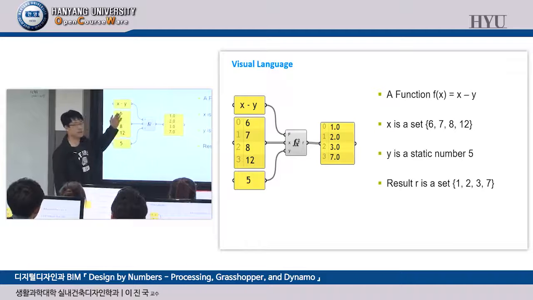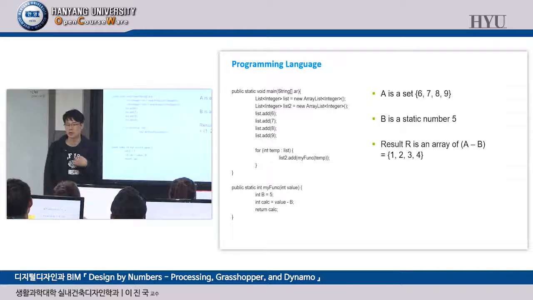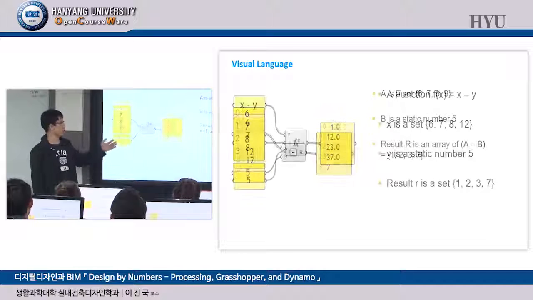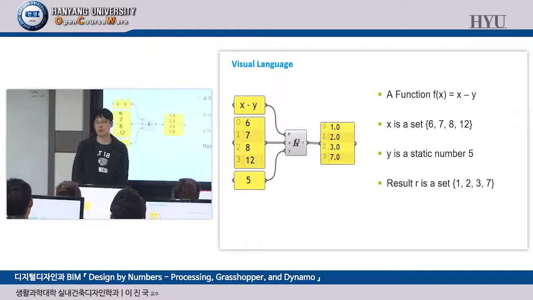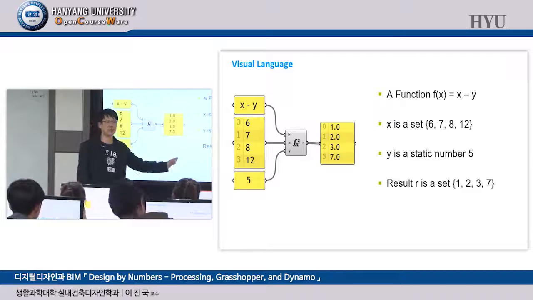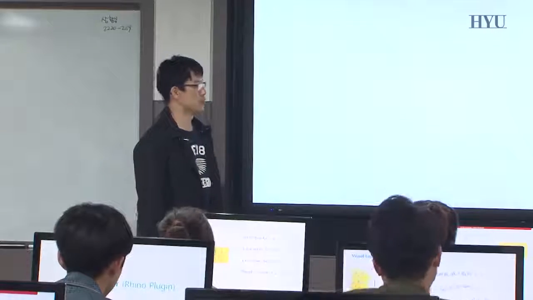Anyway, it's a very intuitive visual language compared to this programming language. Okay, that is the power of visual language. Okay, so this is very simple. What if you have a very complicated visual language? Anyway, anyhow, they all have a specific algorithm, procedure, and input-output values. Okay.